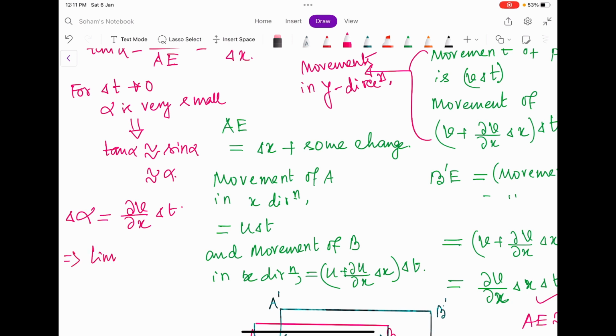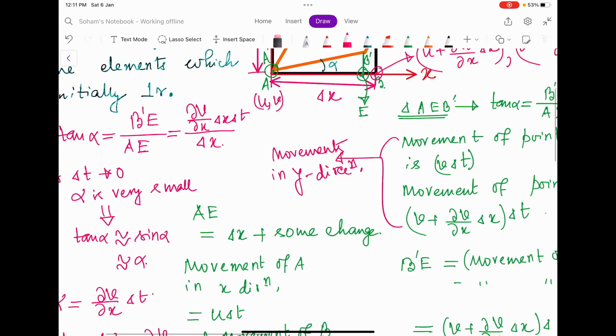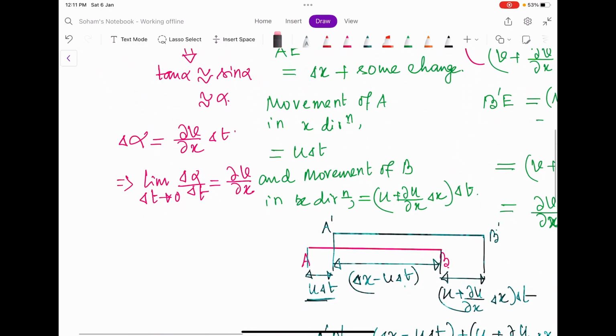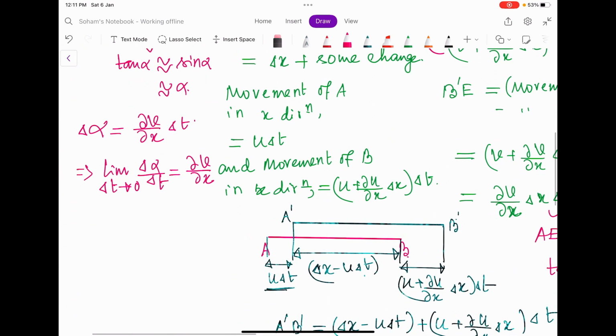I have already applied the limits, so I don't have to write it again and again. So this will be del v del x. And what is this? The change in angle, right? This is the angular strain rate, or the angular deformation rate actually. Similarly, this is basically alpha dot equal to del v del x, right?